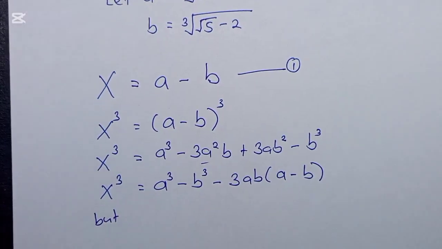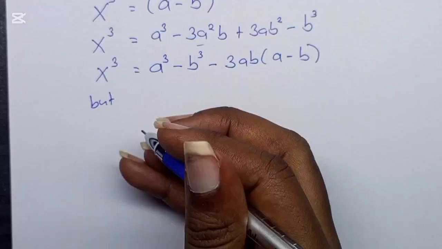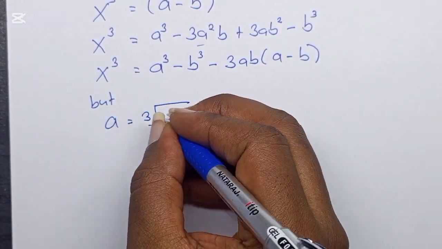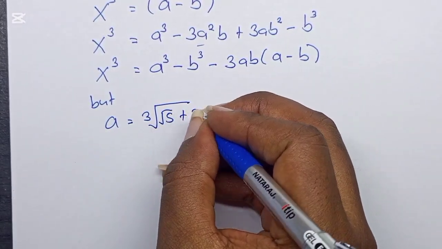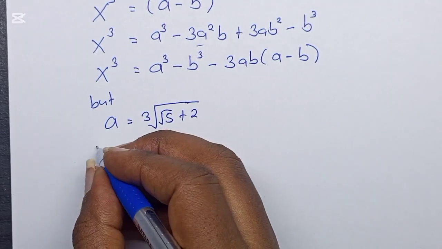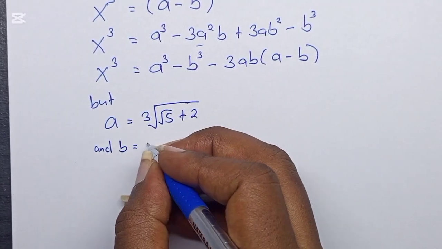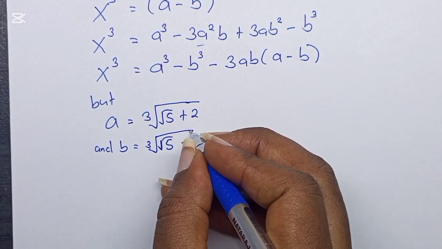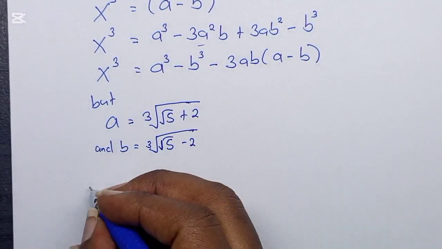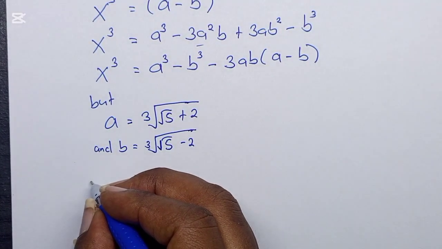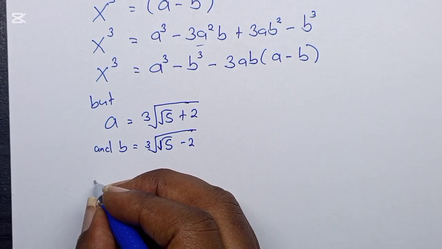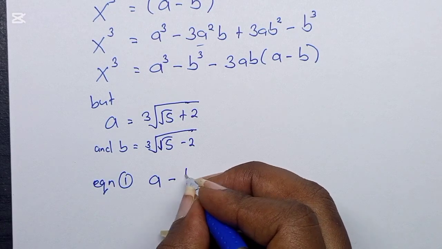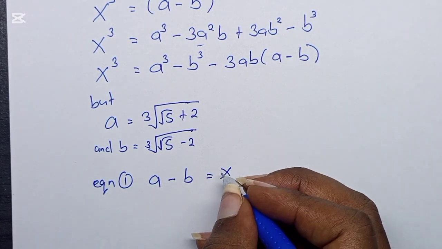But remember, a is equal to the cube root of root 5 plus 2 and b is equal to the cube root of root 5 minus 2. Now from equation 1, a minus b is equal to x.